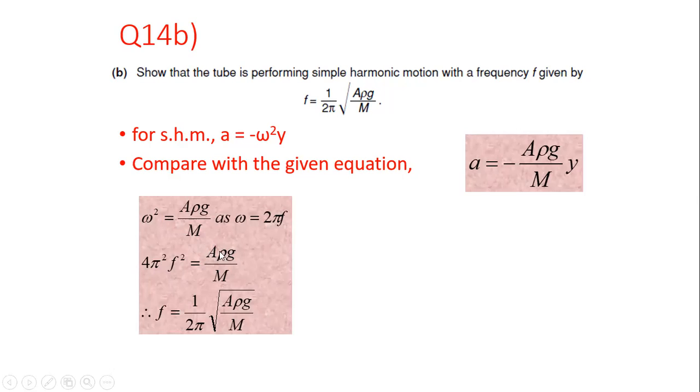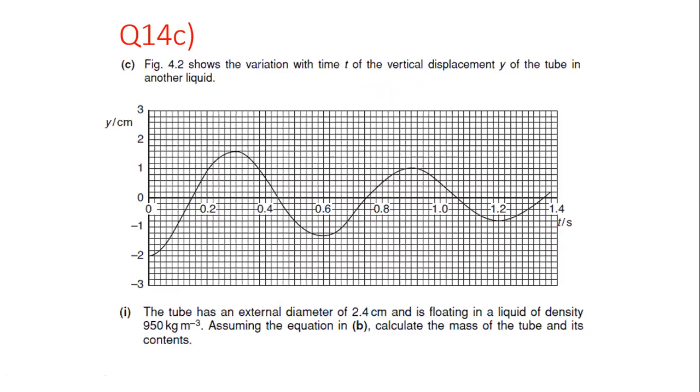Density is given. Acceleration, you can use 9.81. How to calculate f? F is not given. They'll give you only the graph. Any idea how to calculate the frequency from the graph?